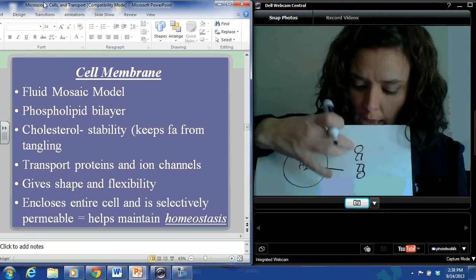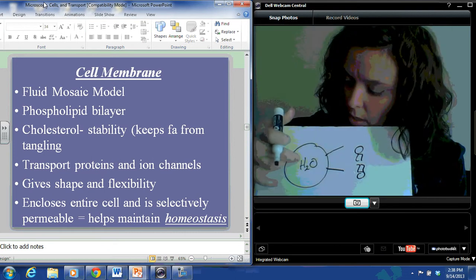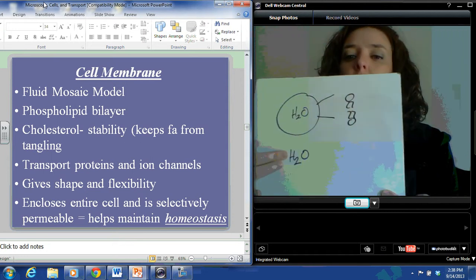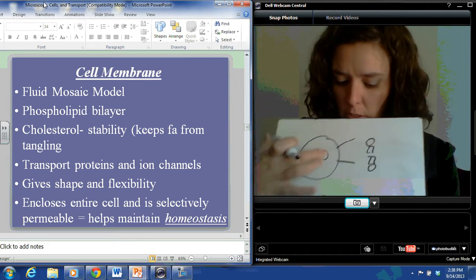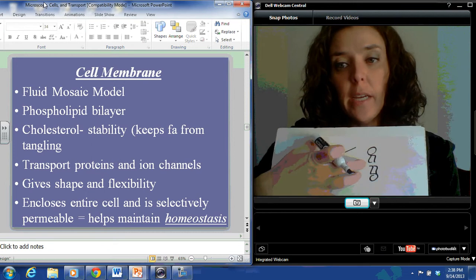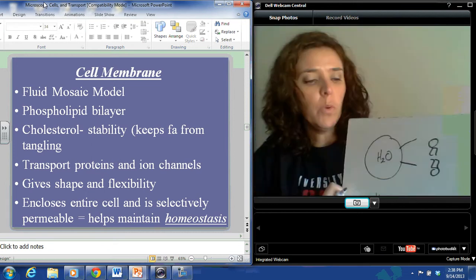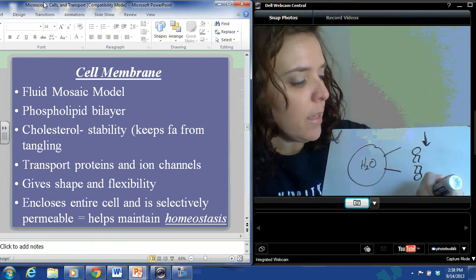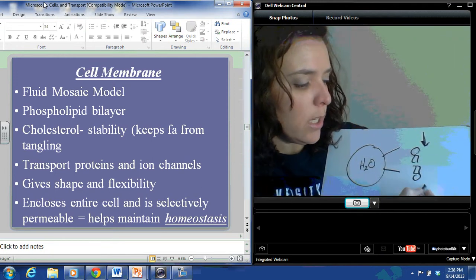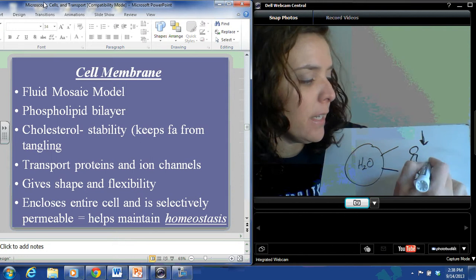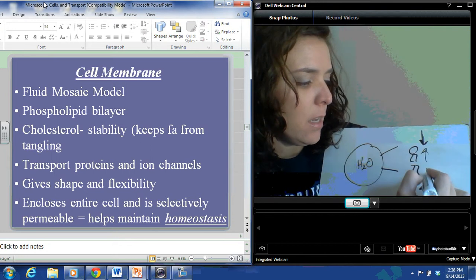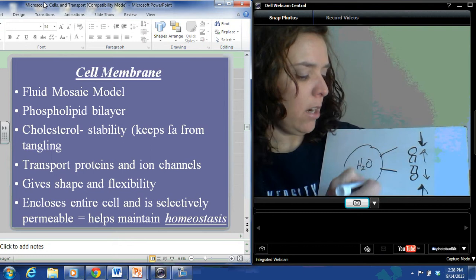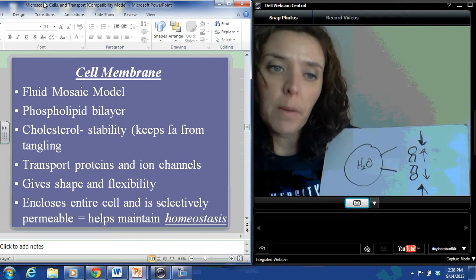And the heads are always oriented either inside towards the water or outside towards the water. And the tails are always hidden inside the membrane. Okay, so it's an important structure so that the water can be brought in towards the membrane, but the lipid tails push it away. So that helps maintain this barrier all around the cell membrane.